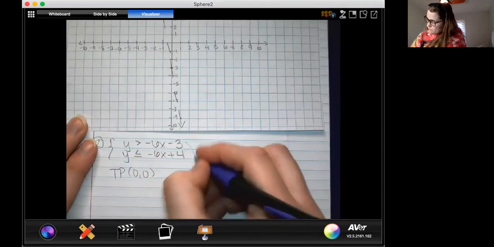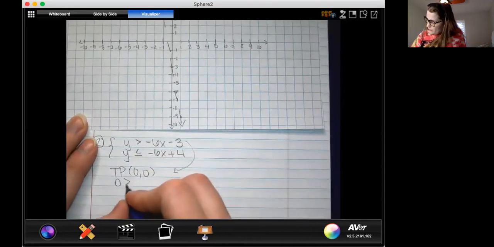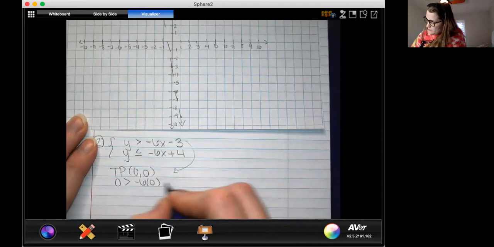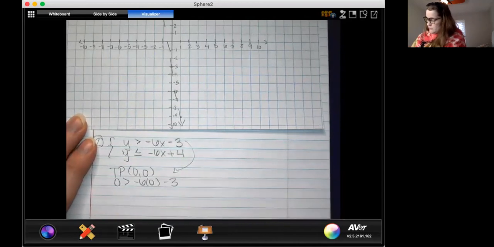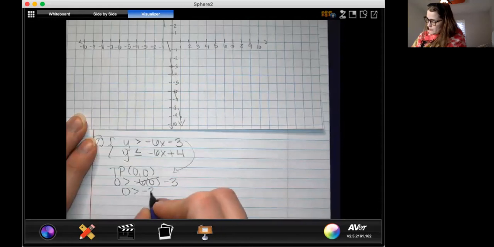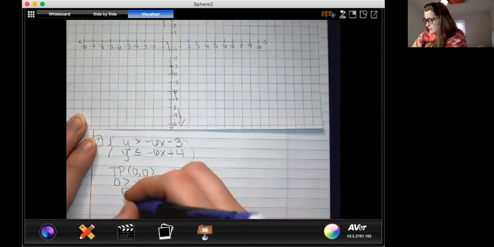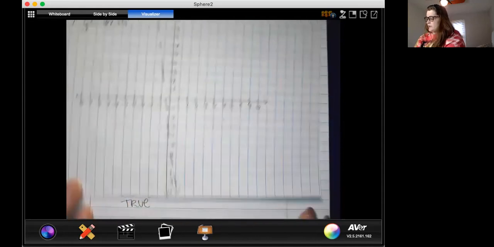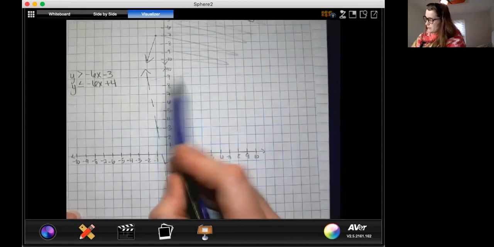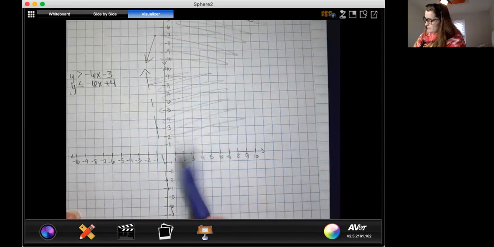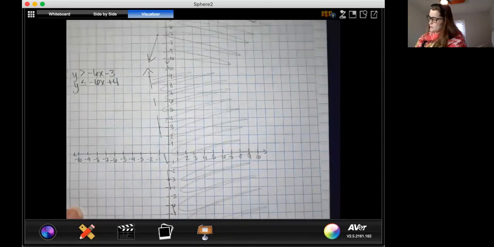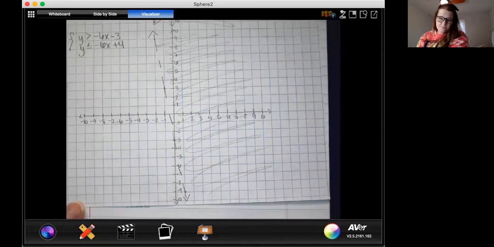So is 0 greater than -6 times 0 minus 3? So times 0 goes away. Is 0 greater than -3? Yes, it is. That is true. So therefore, we're going to shade on the right side. Again, shading lightly, because we have to graph our next one.